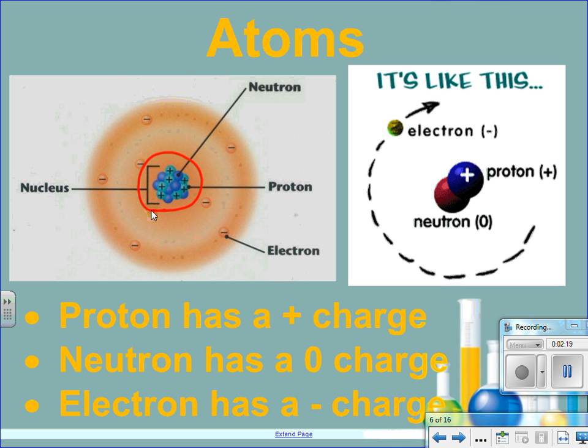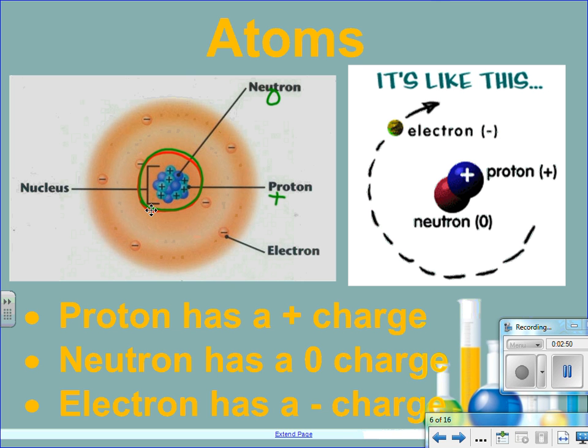Patty Proton, who has the positive symbol, and Nelda Neutron, who really does not have any kind of a charge. She's just a neutral kind of person. She has a zero charge. So Nelda Neutron and Patty Proton like to hang here in the nucleus, or the center of the atom.